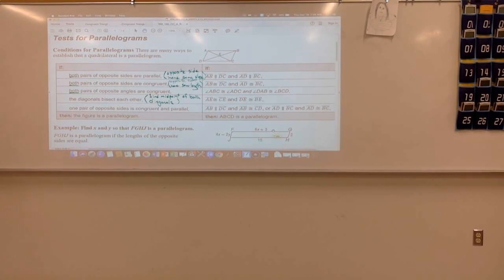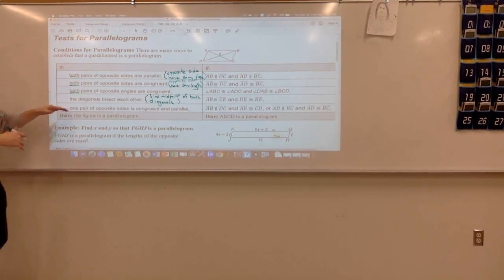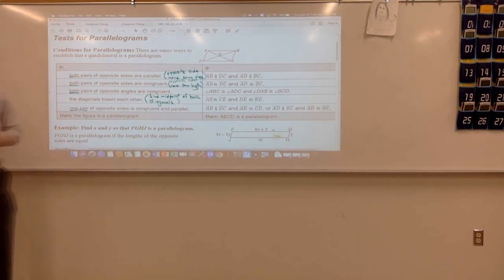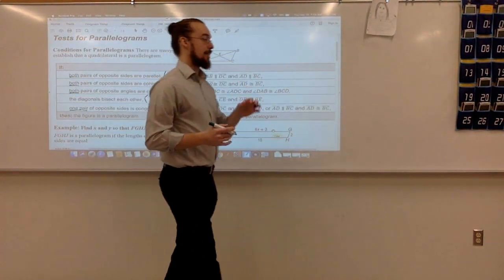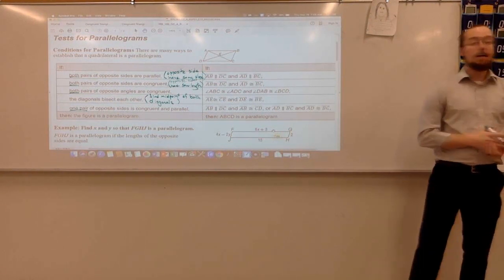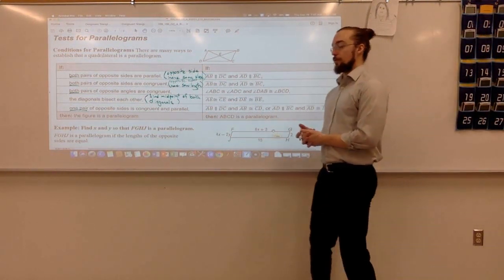And then the final way, okay, which you did look at in the activity yesterday, was one pair of opposite sides is both congruent and parallel. Okay, so if I can just show one pair of opposite sides, and I find the slope and the length of that one pair of sides, that's enough to say that the figure is a parallelogram.